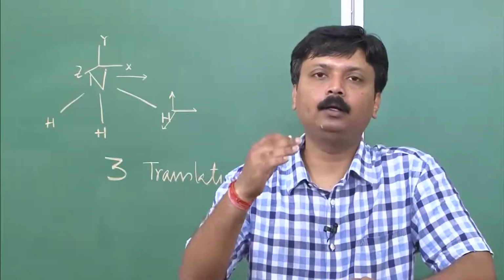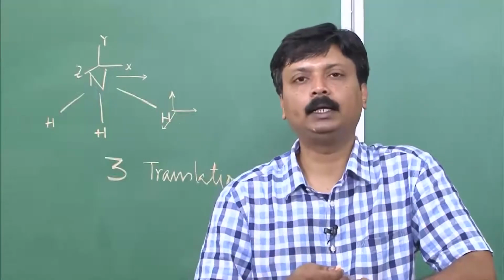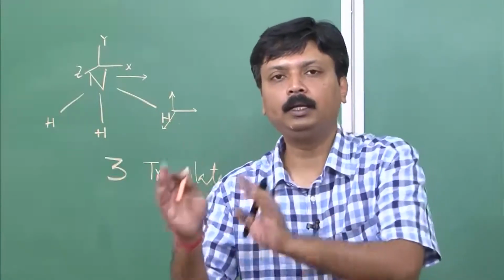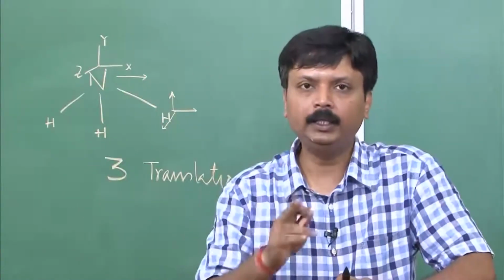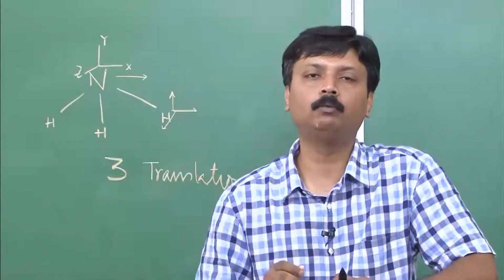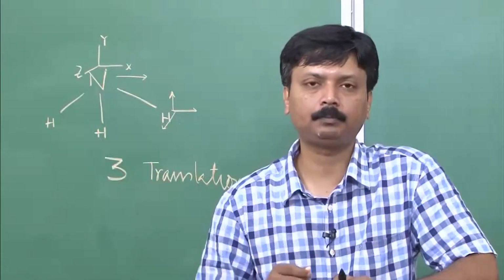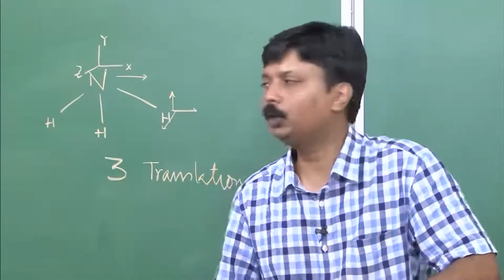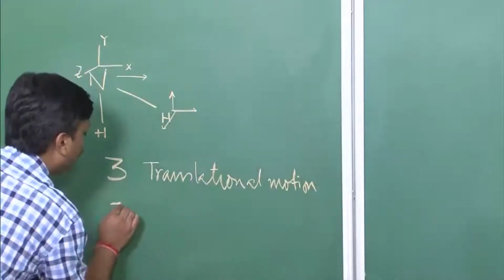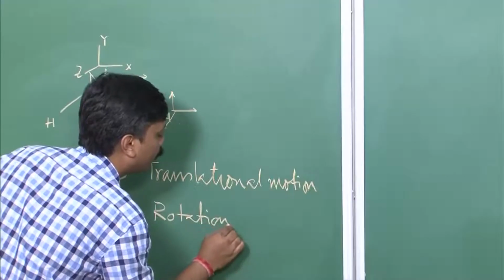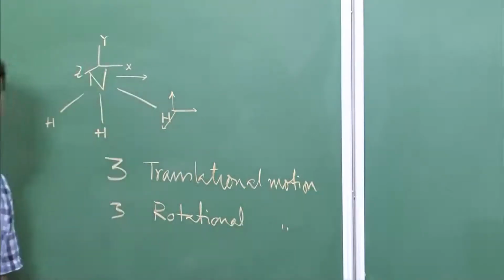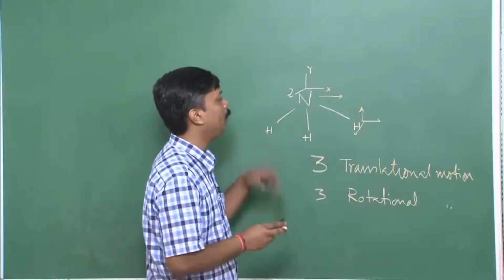It can be about the x axis, and separately about the y axis and the z axis. So these 3 different angular motions about 3 different axes are 3 rotations. So I have 3 rotational degrees of freedom.